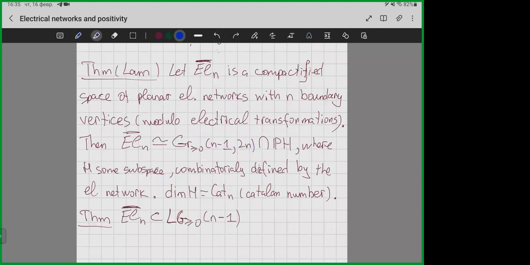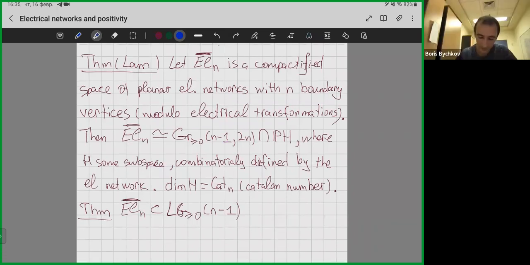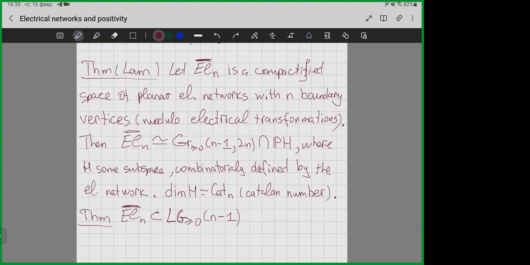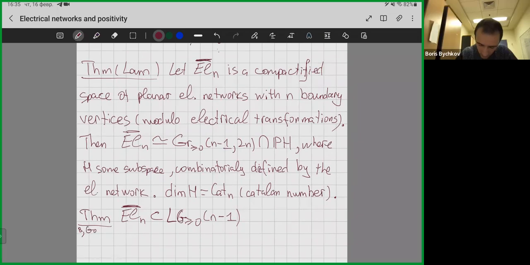And the second theorem is independent from the first. So we have both that and the Lagrangian Grassmannian, so we're sitting somewhere in the intersection there.